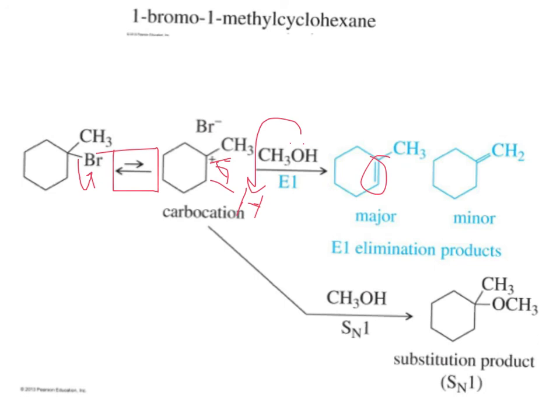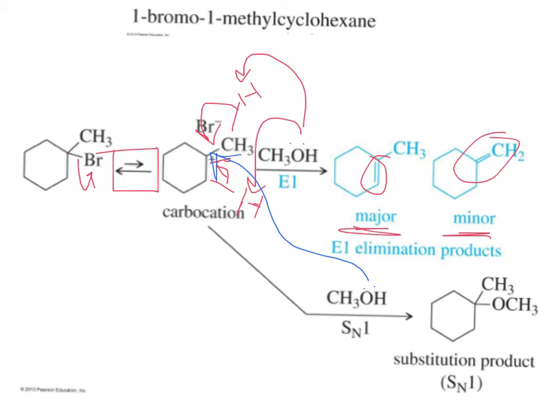The other possibility is that it can pluck off the hydrogen that's off of this methyl group, and then the double bond forms, giving this, which is the minor product because it's the least substituted. So the Zaitsev product is favored, and you have to denote which one is major versus minor. In the other case, I'm going to show it in blue, it undergoes SN1, in which it directly attacks that carbocation, generating the SN1 product.